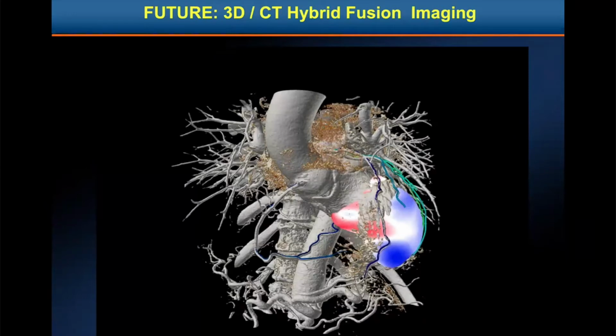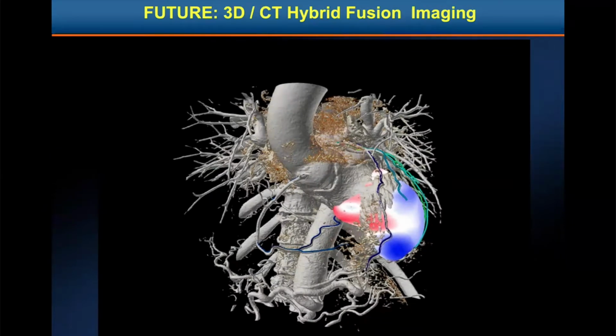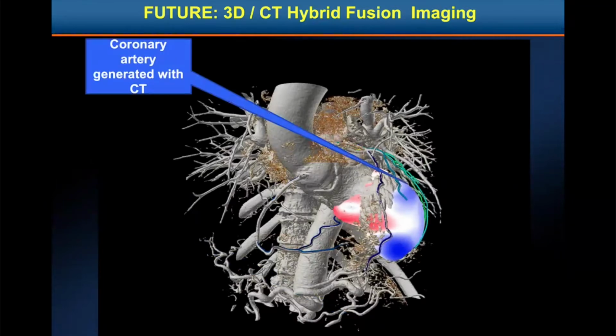The future for 3D, which we also use nowadays, is the combined hybrid fusion imaging, which is also possible to have on some machines now. This is the combination of CT and 3D echocardiography and 2D echocardiography, to have images correlated with the coronary arteries generated with the CT.